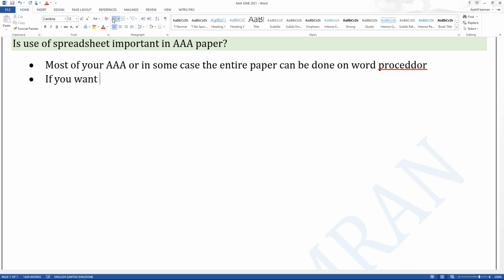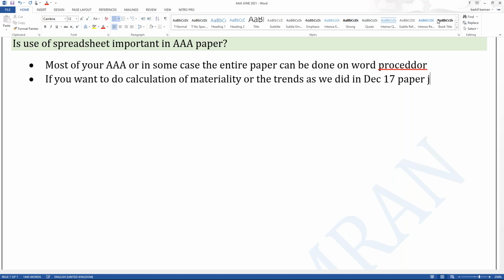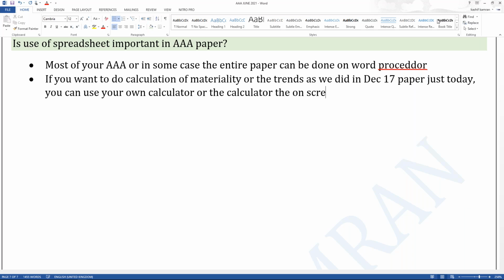If you want to do calculations of materiality, or the trends like we did just now, or the trends as we did in the December 17 paper just today, you can use the calculator. You can use your own calculator, or the calculator on the screen, with whichever you are comfortable.